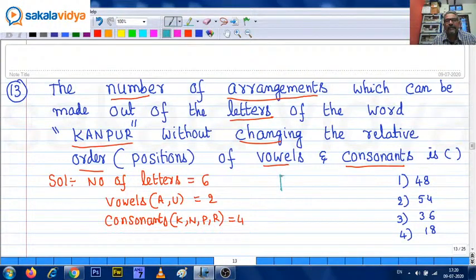Now take the 6 places: 1, 2, 3, 4, 5, 6. Write down K-A-N-P-U-R.